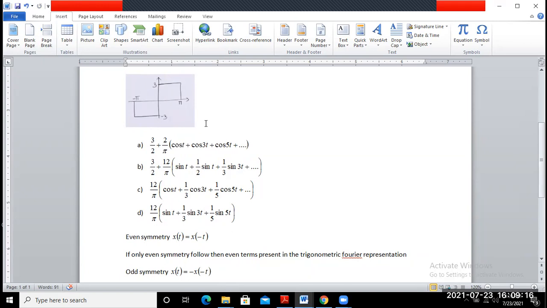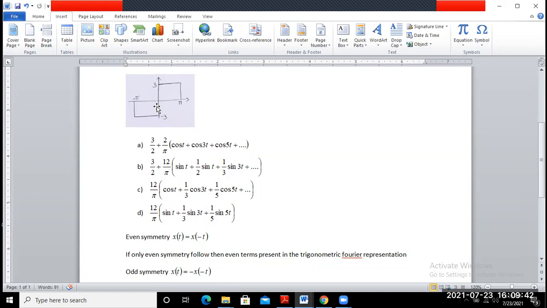If this half wave waveform is shifted to this side, it looks like this, and if you take the reverse of this and it matches the original signal, then we can say it follows the condition of the half wave symmetry.